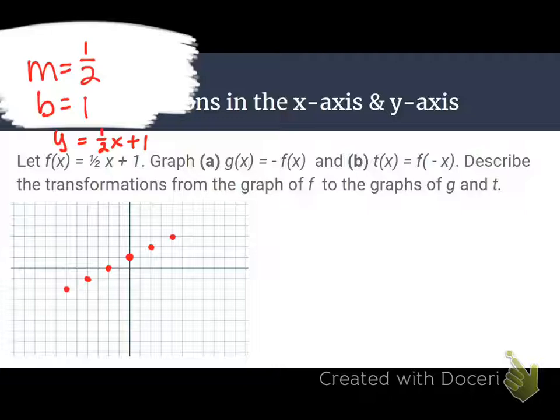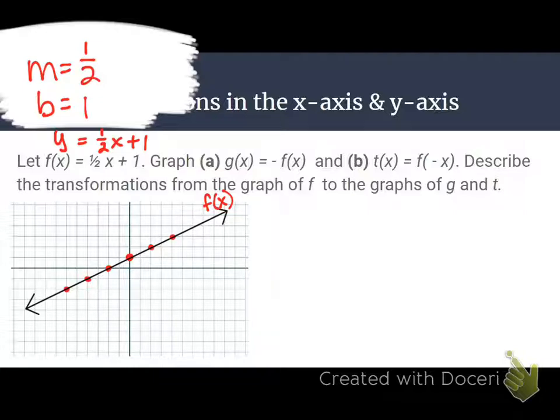This is our parent function, so this is the one that they are wanting us to change as we go. If you're not using different colors, it might be helpful to label that this is your f of x line. We could label our other lines as g of x and t of x when we get to them.